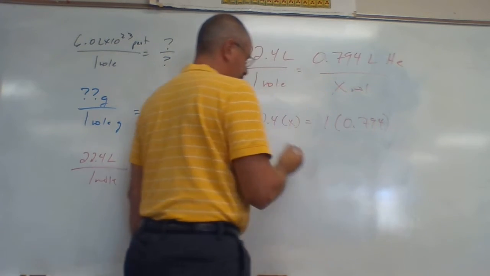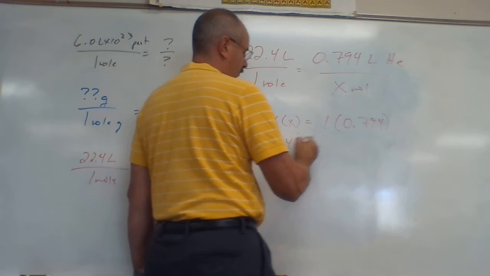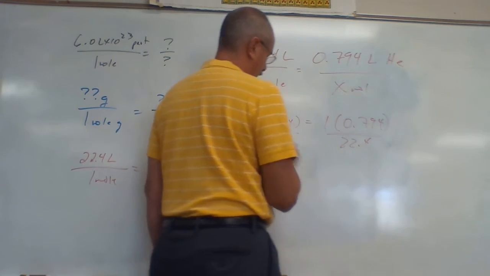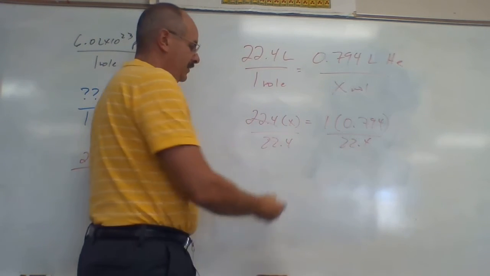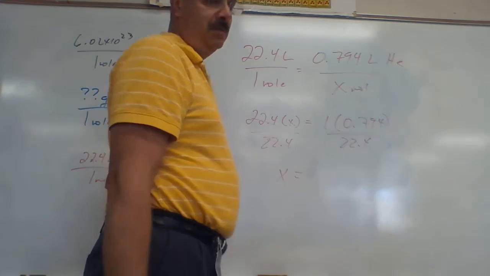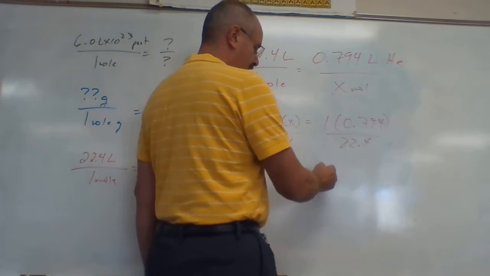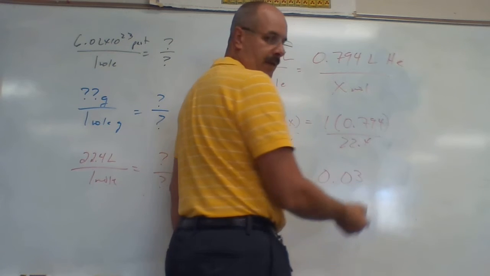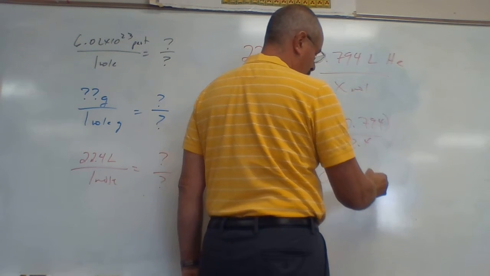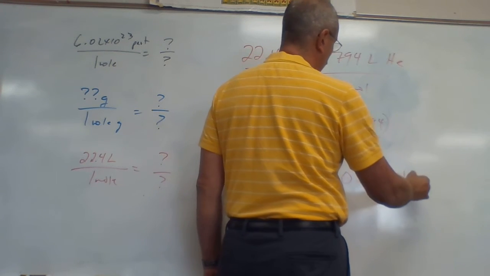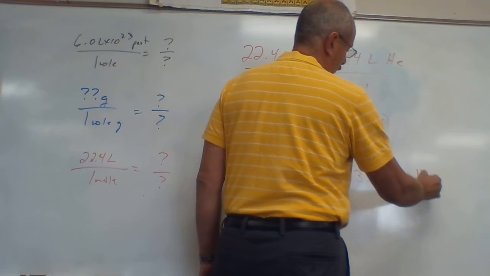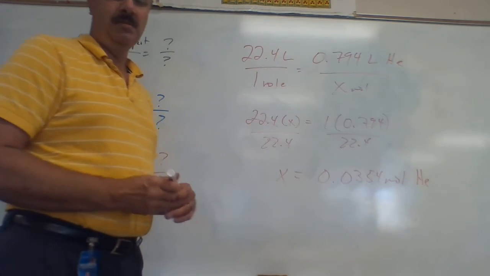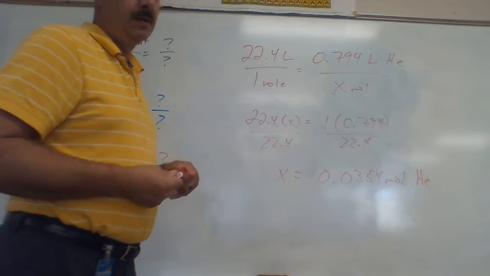Now we're going to get X by itself, so we divide by 22.4 on both sides. That gives us X all by itself, and if you divide this out, you're going to get 0.0354. And that's moles of helium. It's a really small number because we didn't have very many liters of it.